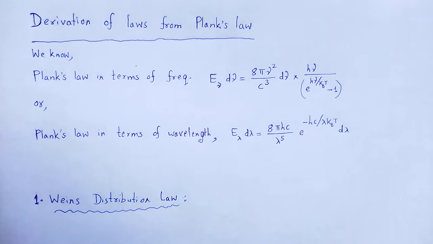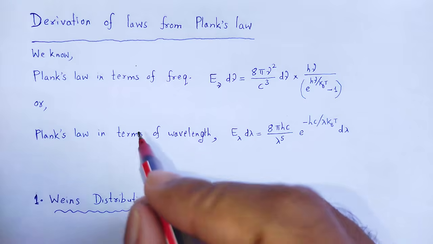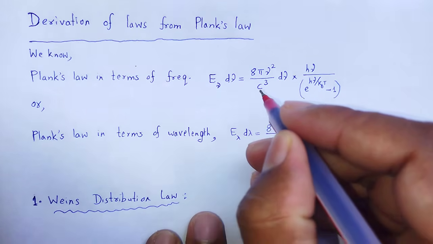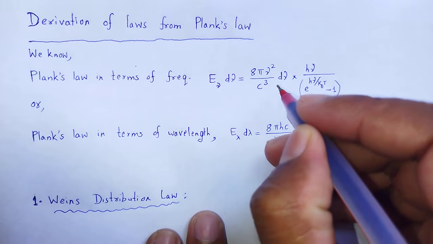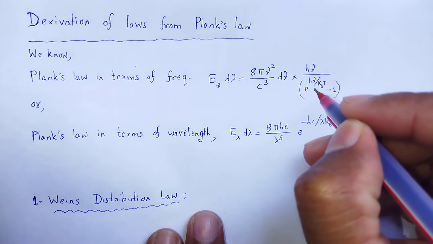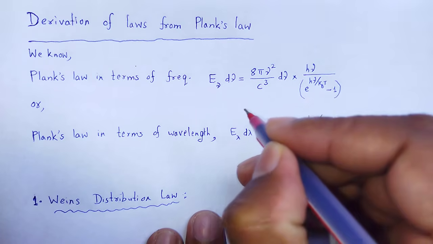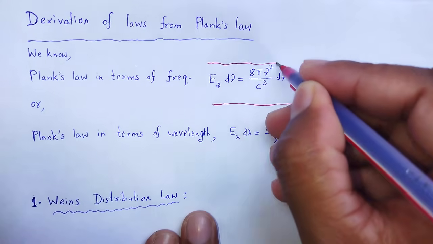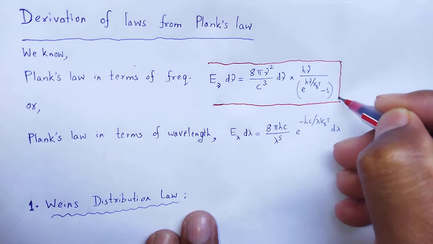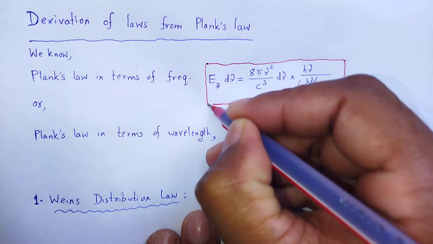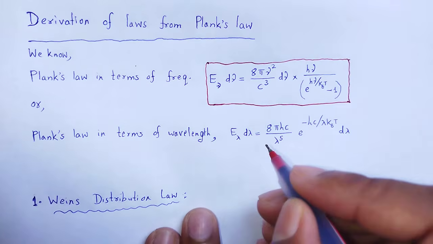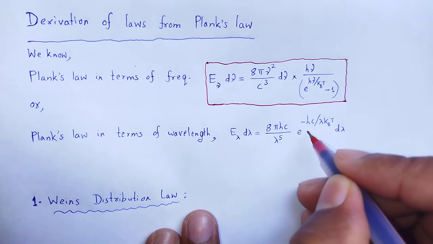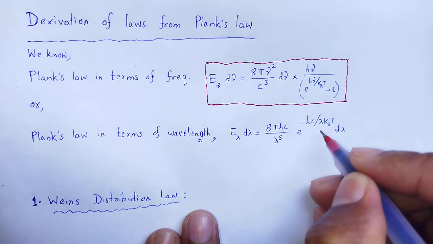As we have already discussed, Planck's law in terms of frequency, E nu d nu is equal to 8 pi nu square divided by c cube d nu into h nu divided by e to the power h nu divided by kBT minus 1. Again, Planck's law in terms of wavelength, E lambda d lambda is equal to 8 pi h c divided by lambda to the power fifth into e to the power minus h c divided by lambda kBT d lambda.